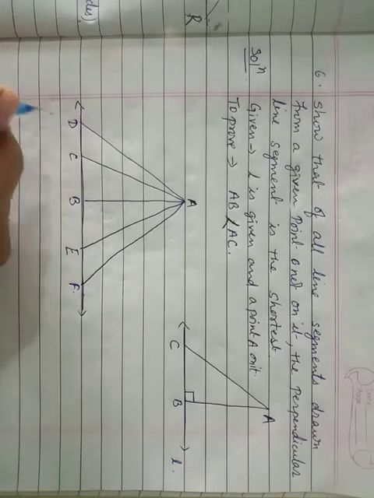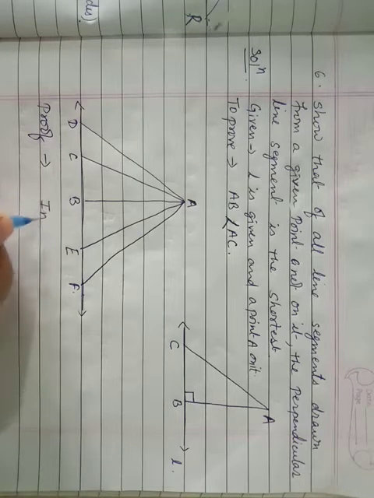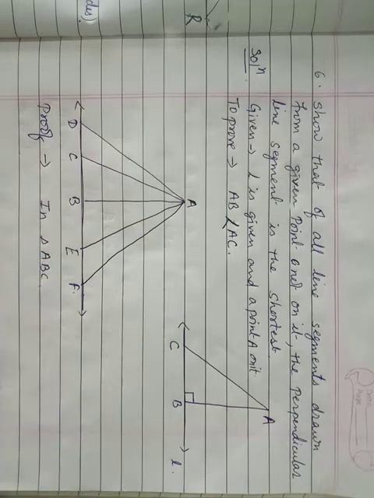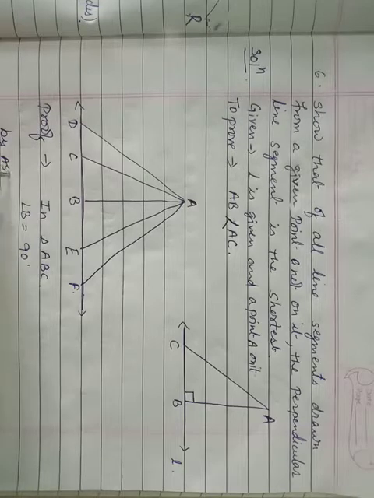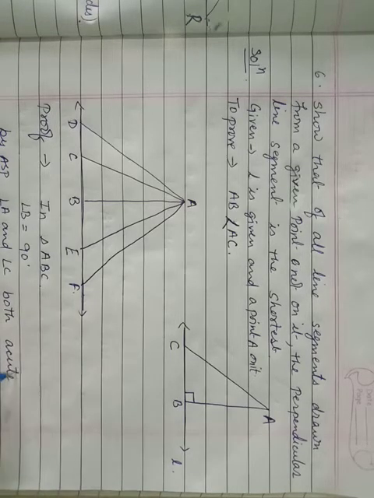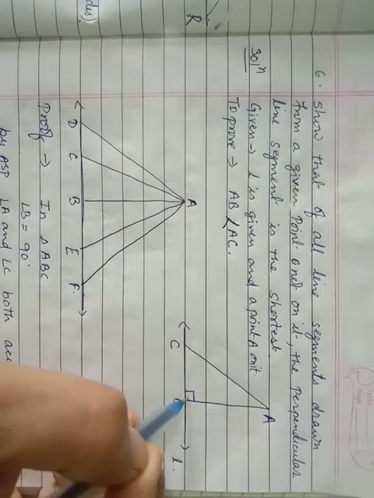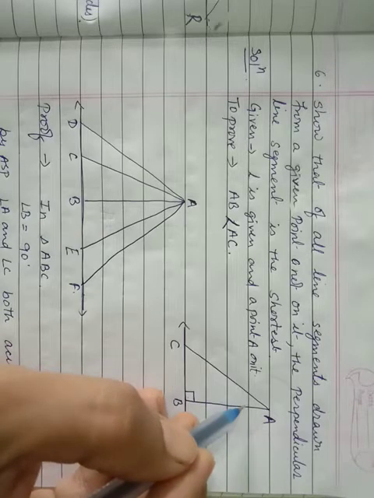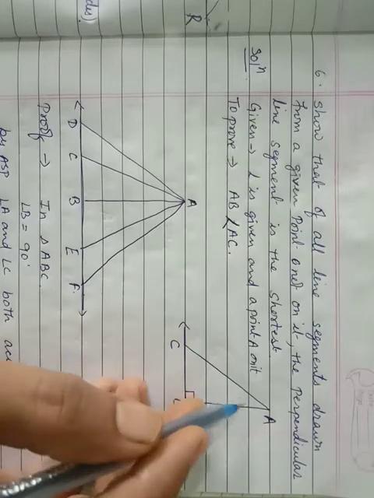So proof. You can see that in triangle ABC, angle B is equal to 90 degrees. So by the angle sum property, angle A and angle C both are acute angles, because if this is 90, it means A plus C is equal to 90, so they are smaller than 90 degrees.